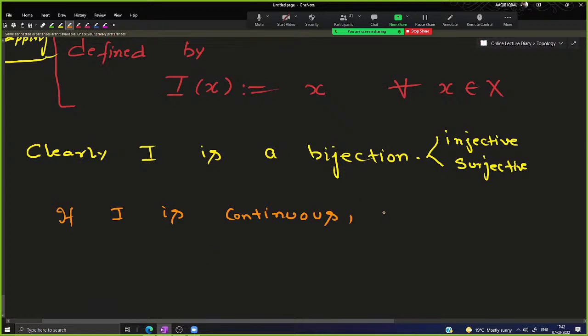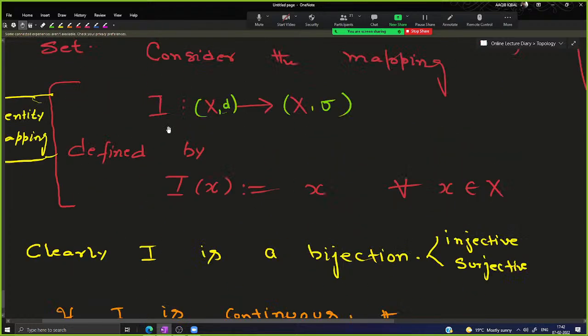then जो अभी हमने किया उसके हिसाब से ये होगा, then I inverse of U, this will be open. कहाँ open होगा? In which space? X with which metric? किस metric में होगा ये?